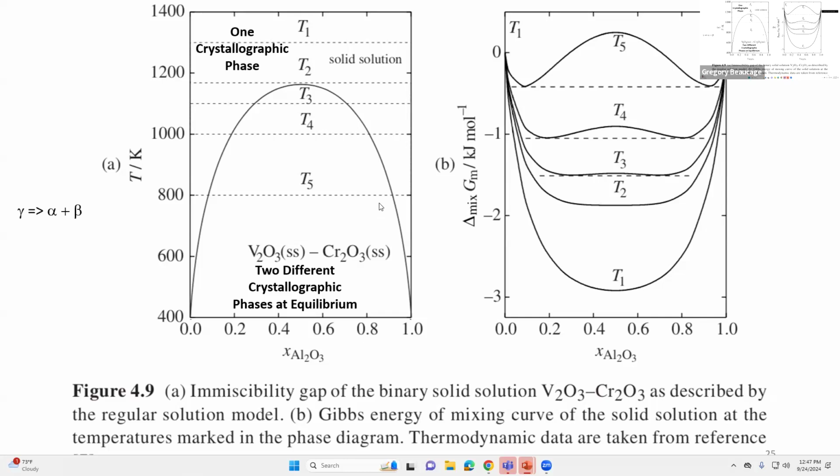One of them is going to be 90% Al2O3, and the other one's going to be like 8% of the other component. Not sure exactly what's going on here, but basically you have those two phases.